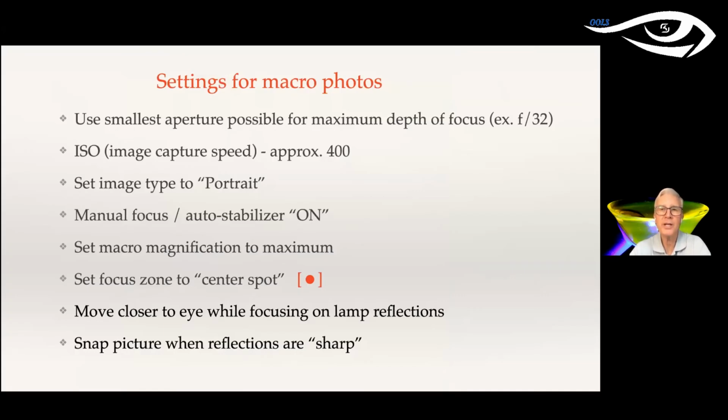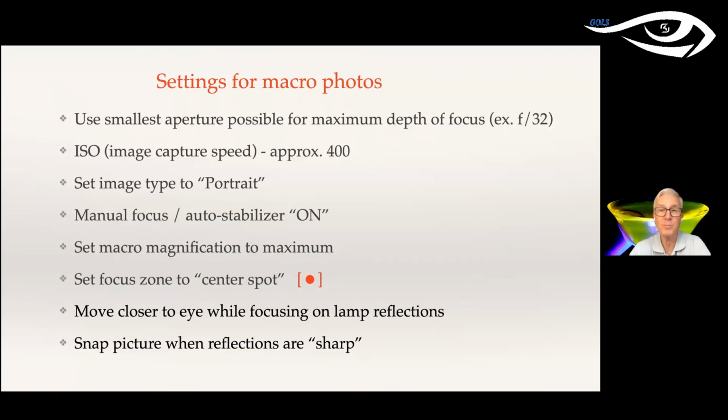Now, you're using a real camera now, and so you get to use some settings here. You want the image capture speed, which we used to call film speed, and now it's not film, but we still use that same terminology. This is the sensitivity of the camera to the image. In my camera, we start with about 400. A very, very slow ISO would be 60 maybe, or then 100 and 120.